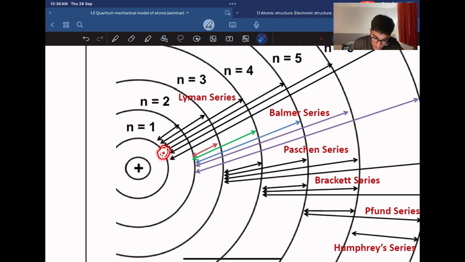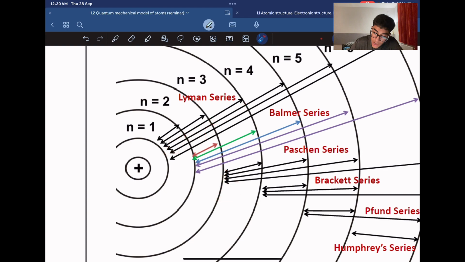Let's say an electron is here. It absorbs energy from external radiation and jumps up here. Okay, and that explains the absorption spectrum, why some blocks of light are not visible in the absorption spectrum. It's because they're being absorbed, and when the electrons come down after excitation, they emit energy.